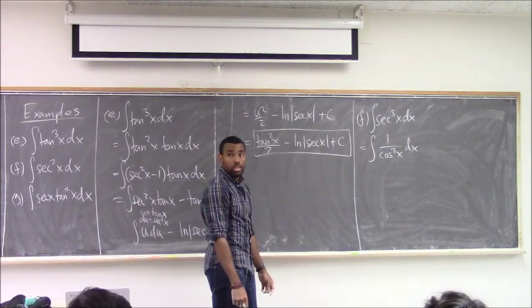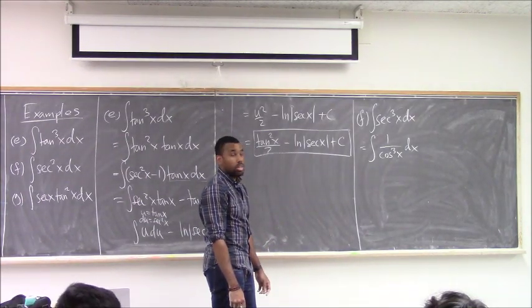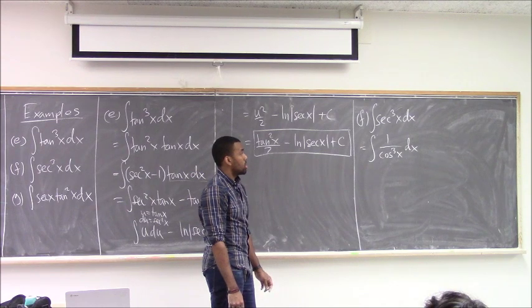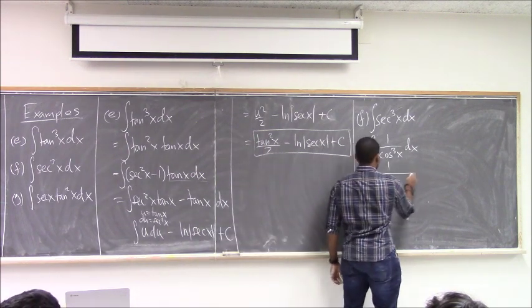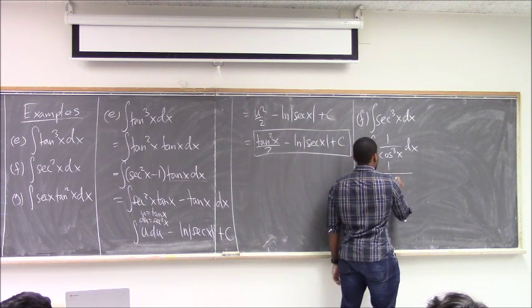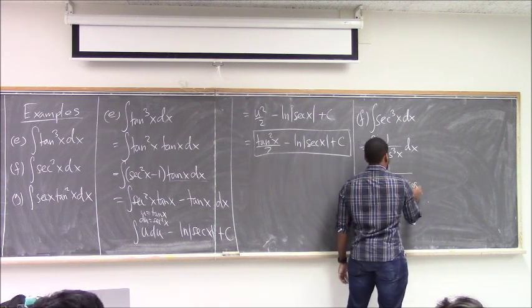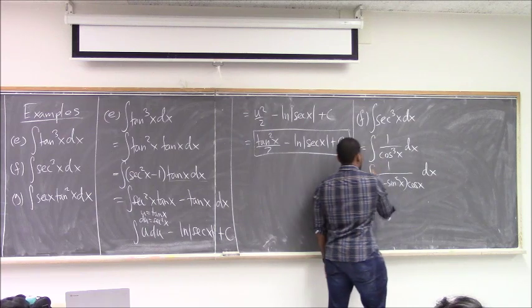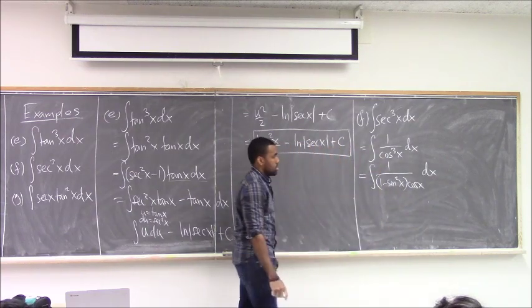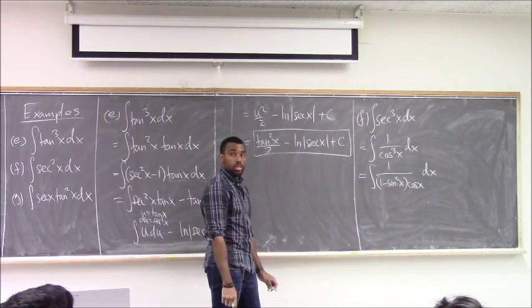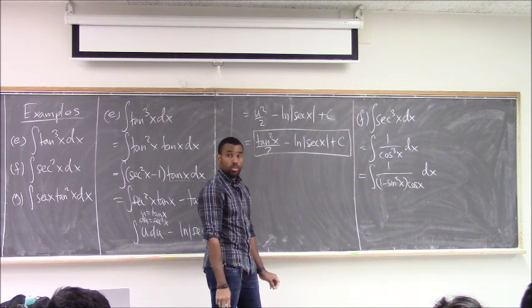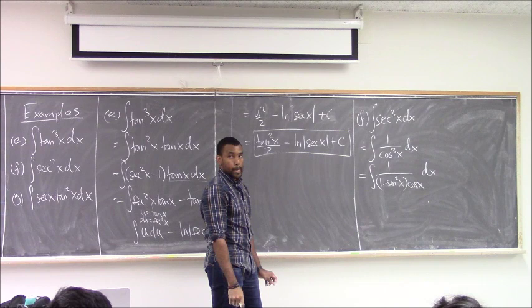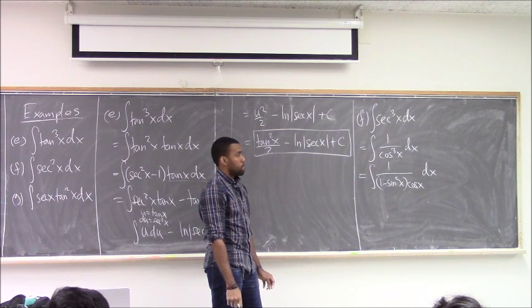Can we pull out a cosine squared and a cosine, and then use the identity for cosine squared to get 1 minus sine squared? And then let sine equal u.